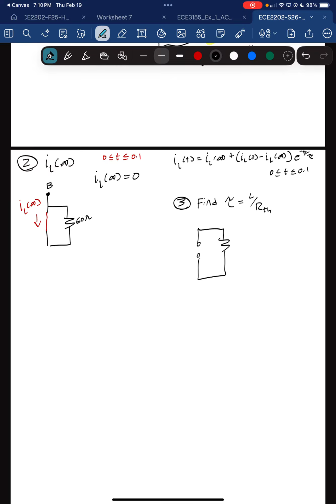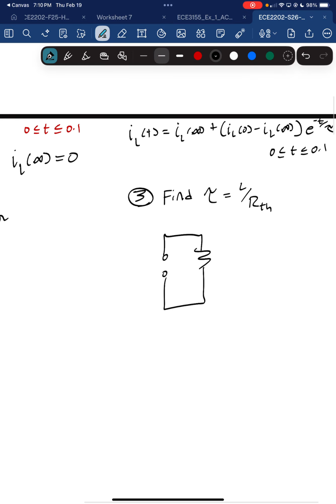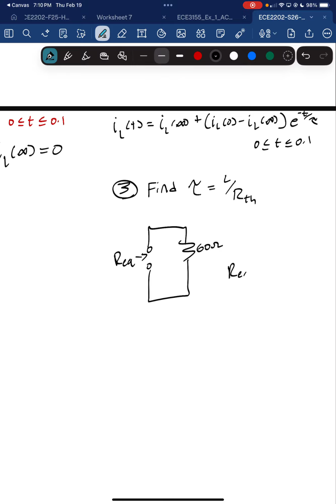So we're going to remove it from the circuit and replace it with 2 terminals. And we're going to find the Thevenin or the equivalent resistance as seen by those 2 terminals, which very obviously is just 60. There's only one resistor, so it's going to be 60 ohms.